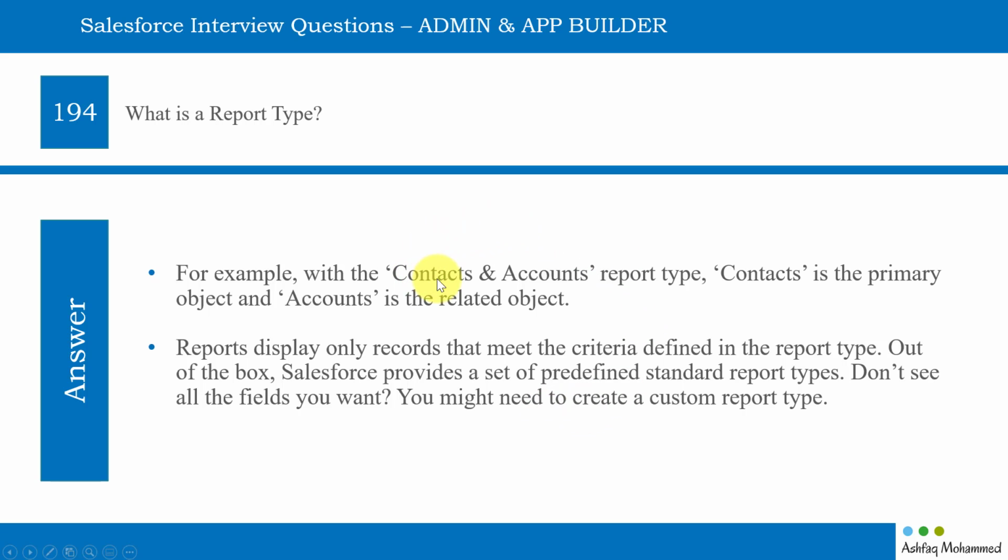And also it has created a few standard report types with the combination of account and contacts, account and opportunities, account and cases and all those things. If you think that you are not able to see all the fields from those combinations, you are free to go ahead and create your own report types. Those are nothing but the custom report types.